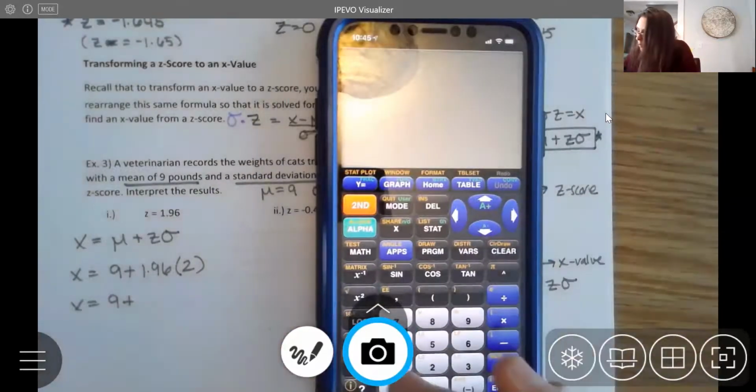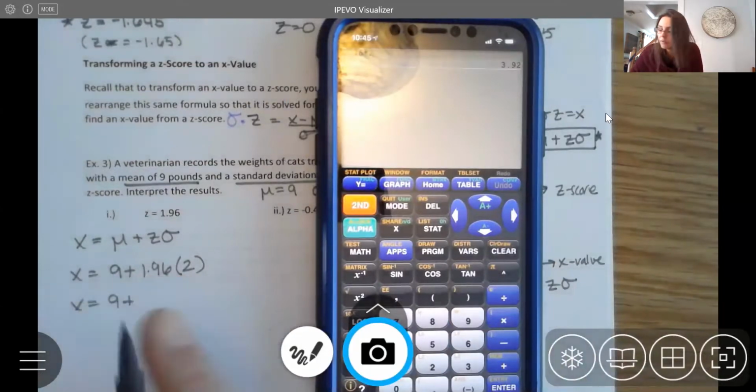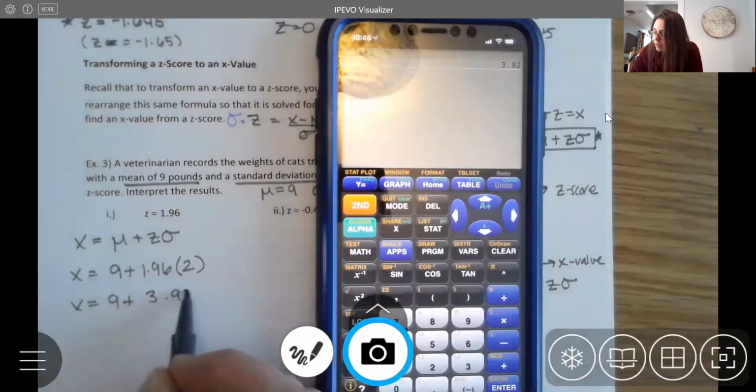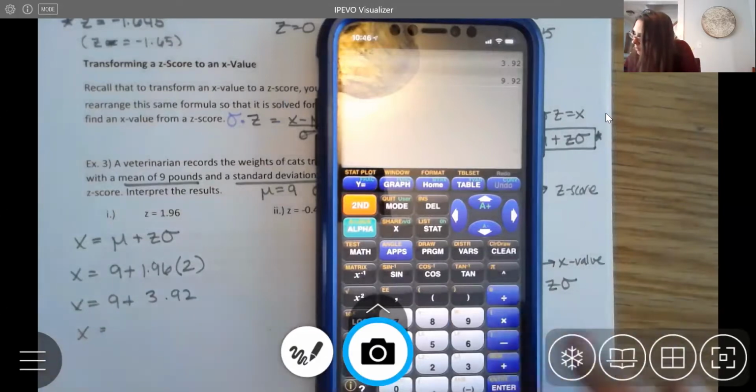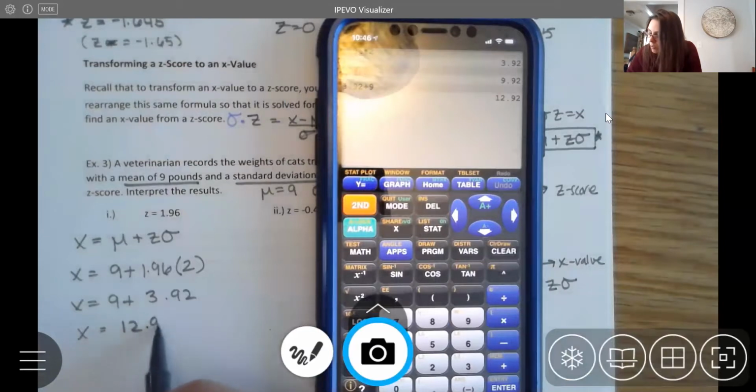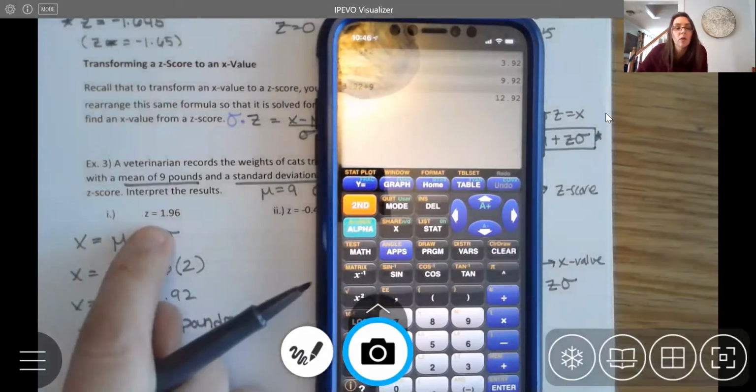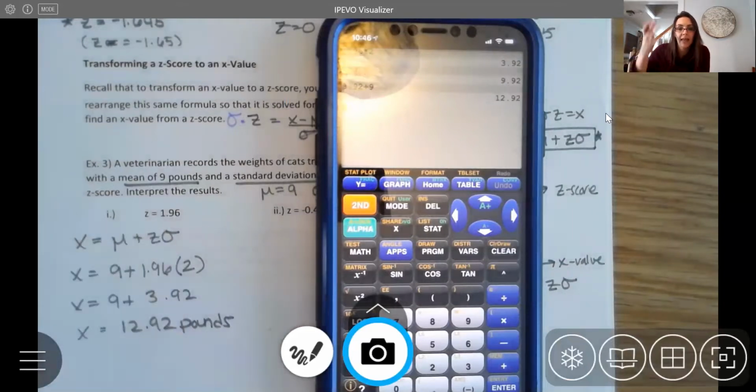So I'm going to do that 1.96 times 2 first. So you do want to use your order of operations. This gets done first. You get 3.92, and then I add that with 9, and I get 12.92 pounds. Okay, so a z-score of 1.96 would refer to a cat that's almost 13 pounds.